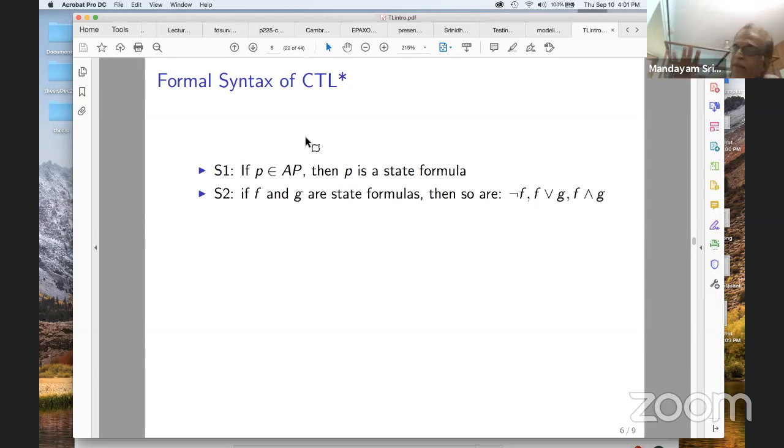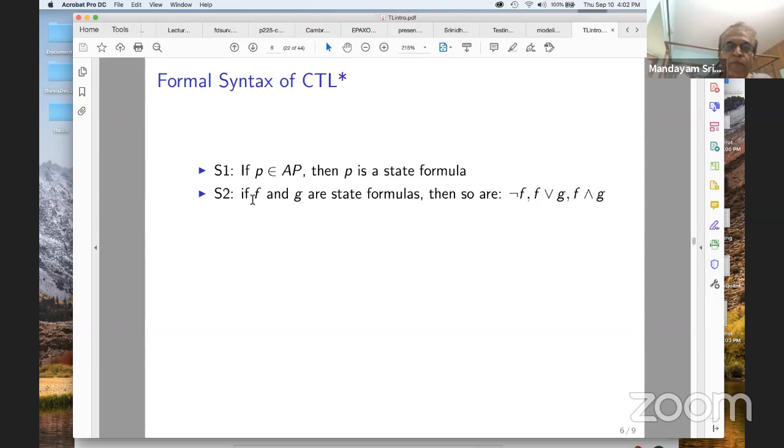I don't have a slide, but a Kripke structure is a transition system augmented with a map which labels every state with certain propositional predicates. So that atomic proposition can be considered as a predicate on state. So for every P that belongs to this set of labels, P itself is a state formula, as I mentioned previously.